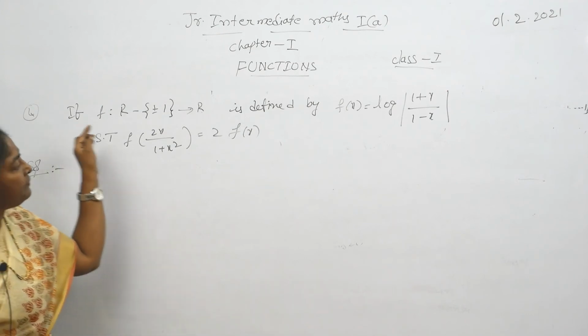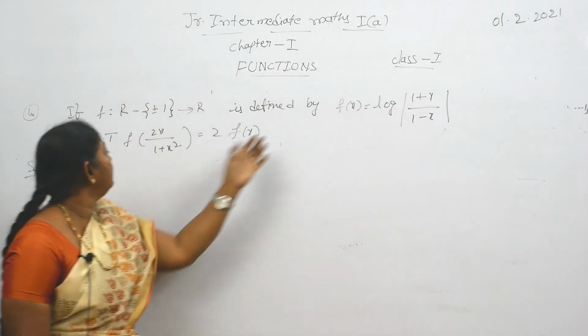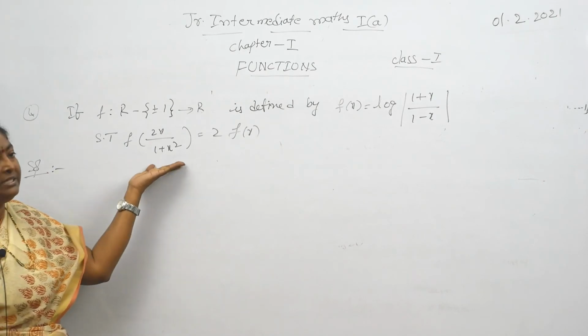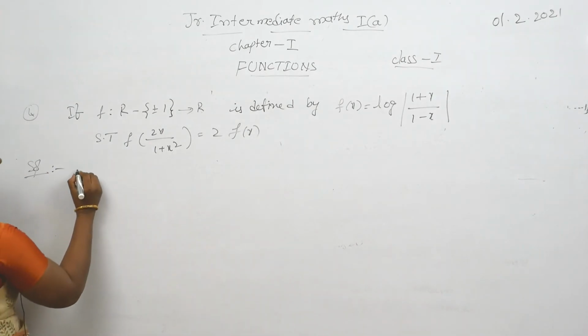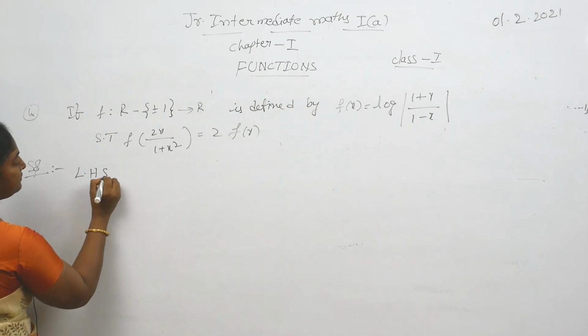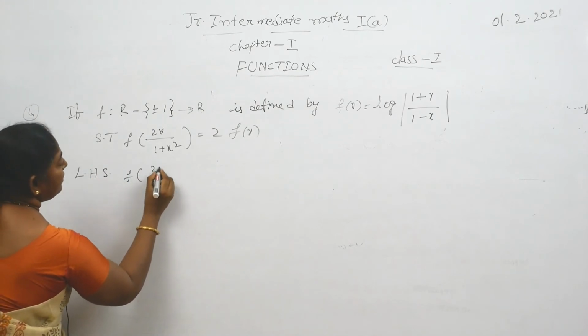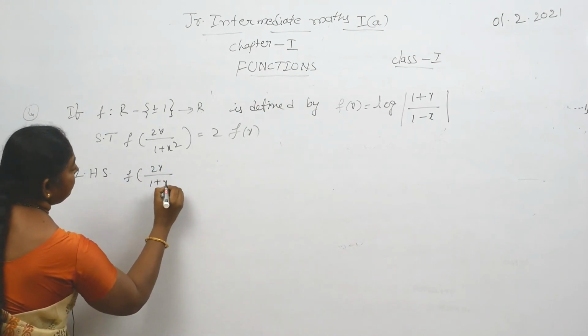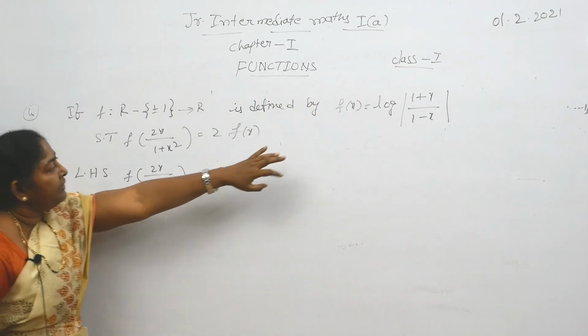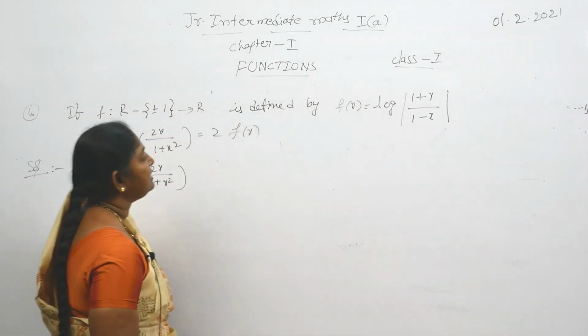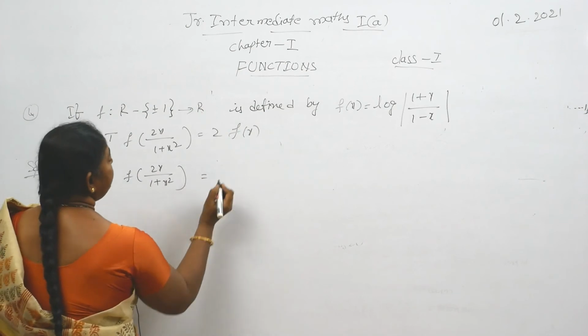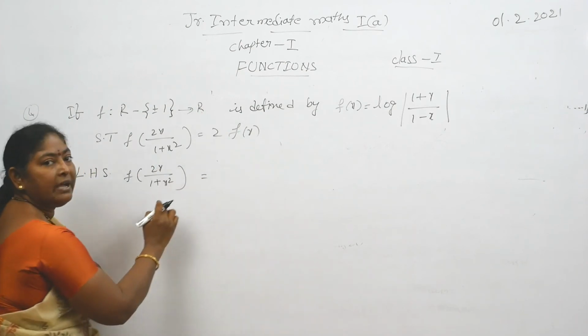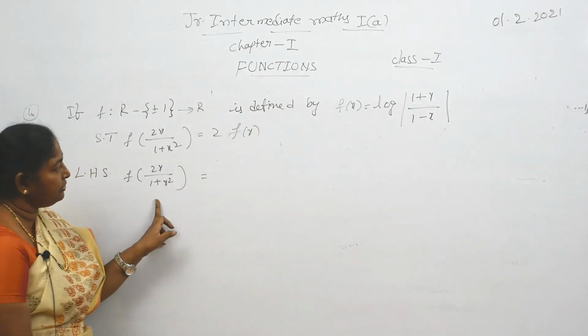So here given f of x value, we have to find this one. So first we have to take LHS: f of 2x by 1 plus x square. F of x value is given as log of 1 plus x by 1 minus x, like this. So in place of x, we have to substitute this.